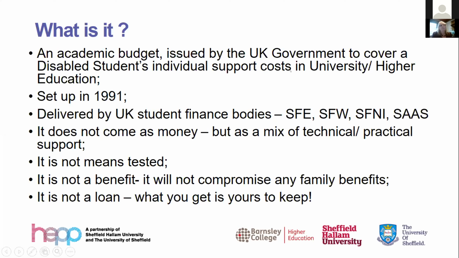It was set up in 1991, 30 years ago. Can't believe it, 30 years ago. It's changed very little since then. It's delivered and administered by each of the funding bodies: Student Finance England, Student Finance Wales, Student Finance Northern Ireland and the Scottish agencies. And the budget under each looks almost the same.